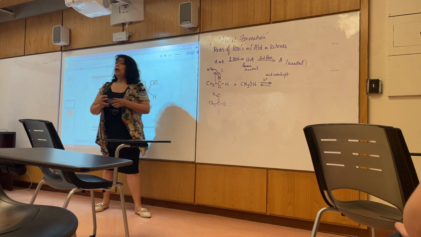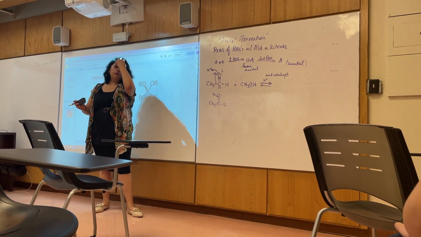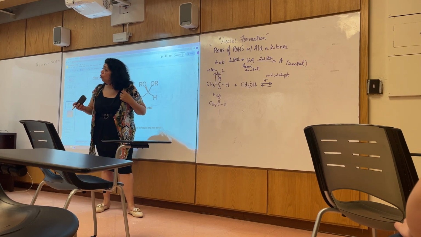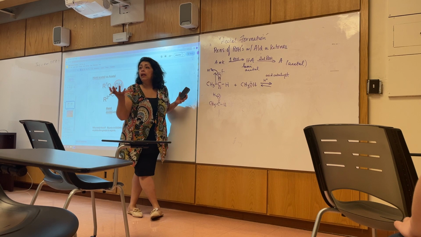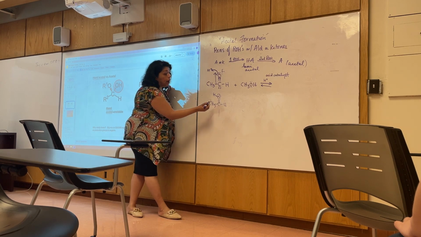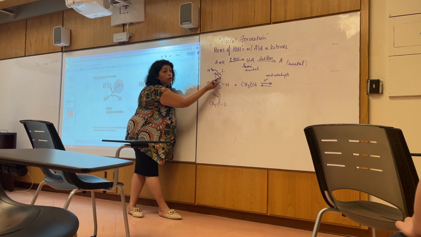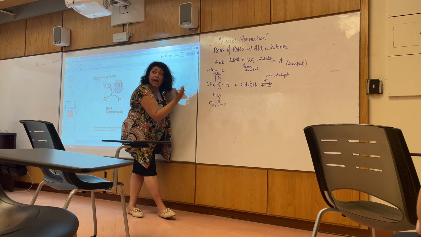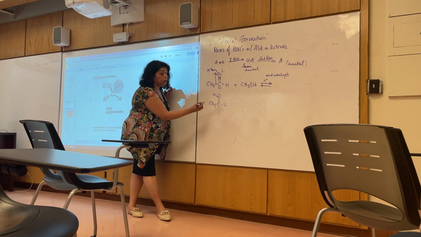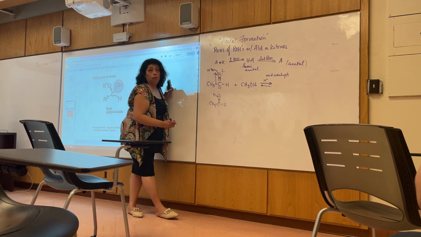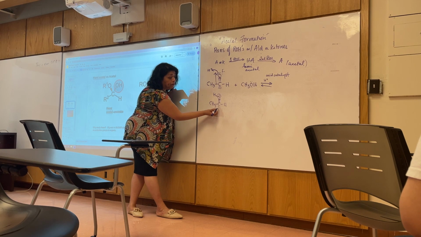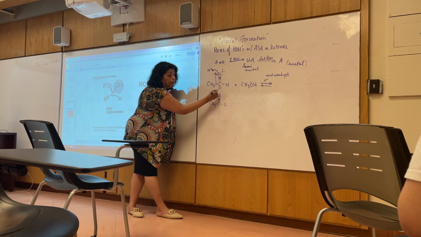Now, if the O is positive, what do you think about that situation for O? Good or bad? Bad. So what's O going to say? Give me electrons. Somebody give me electrons. If you think it pulled the electrons close to it before, now it's really going to pull those electrons. So there's electrons that are going to be pushed back right on that O. That makes this carbon even more positive, right?